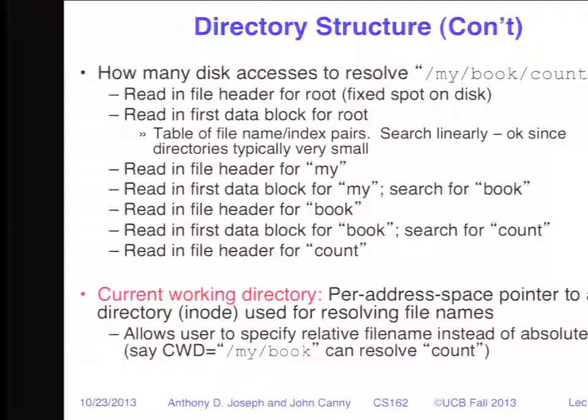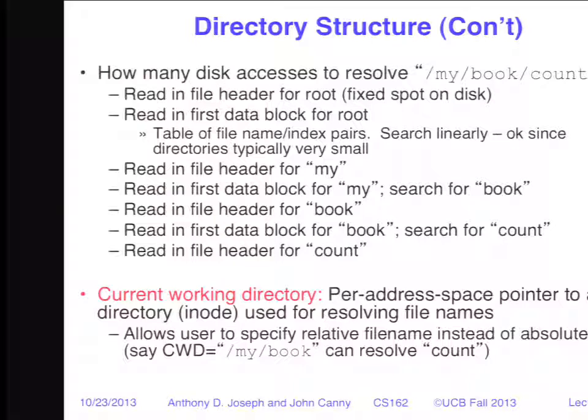A lot. So first, we read in the file header for root. That's located on a fixed spot on the disk, because we have to have some way of bootstrapping the process. Then we read in the first data block for root, okay? And that's going to be this table of file name, I number pairs. And then we look through that list until we find my, okay? Once we find my, we now know its I number, which means we can look up its inode, and we can read in the file header, its inode for my, okay?